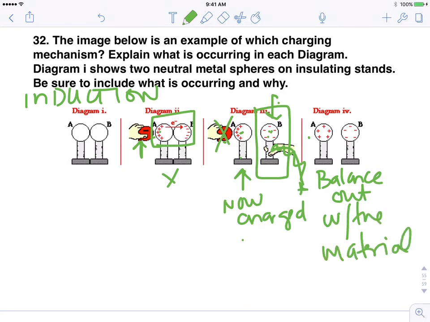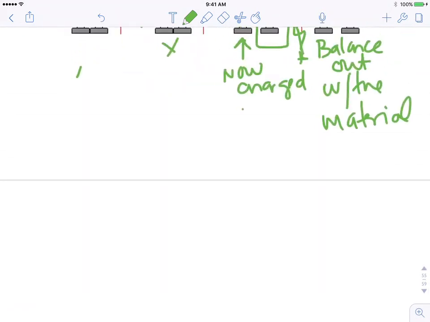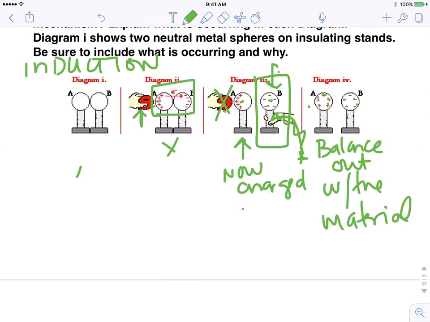They're going to kind of separate. Well, why are they separating? Because they're negatives, and they're repelling each other, but they can't repel so much because there's only a certain amount of space to go to their own little spot. That's induction. Again, this is probably going to be a problem on your exam. Maybe I'll say, what is occurring in diagram A?